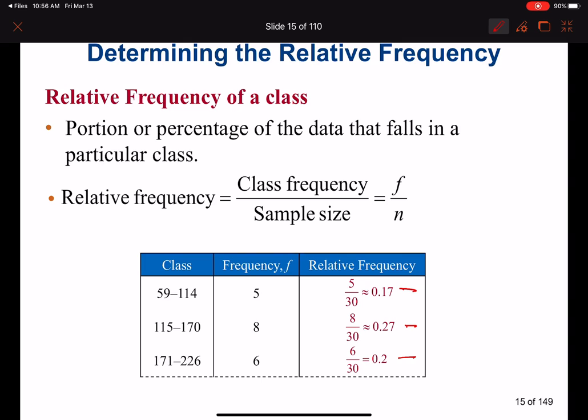We take this frequency and divide it by the total amount, 30, we take this frequency and divide it by the total amount, and so on. Now 0.17, 0.27, 0.2 are in decimal notation. To find the percentage, we multiply by 100, which gives 17%, 27%, 20%. So this is relative frequency. We add it to the table.